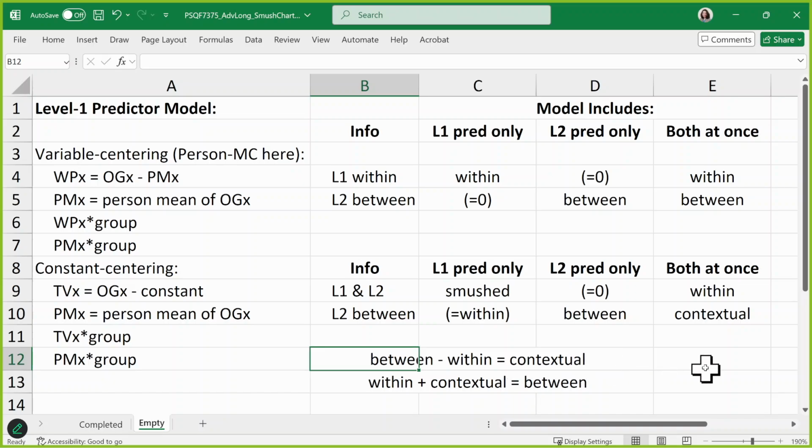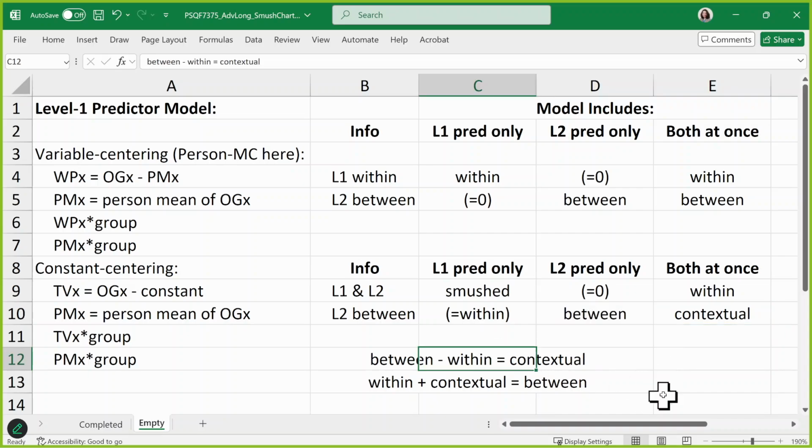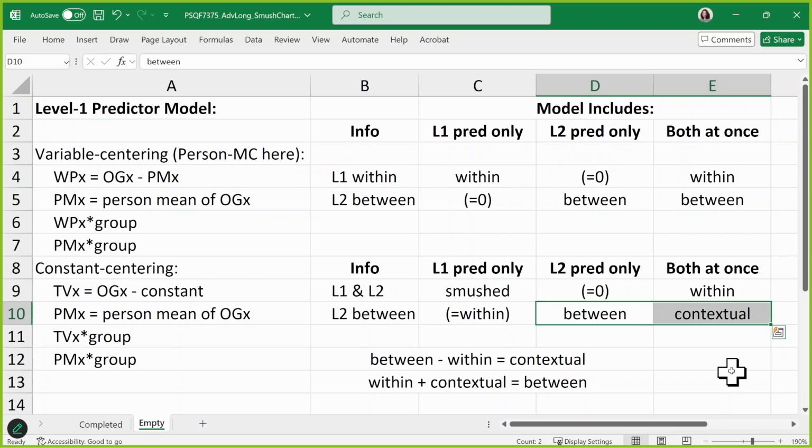All right, questions or any that you want to hear again? So these are two different types of level 2 effects. One way to explain the difference is this: between minus within is contextual. What's another way to explain the difference between what these mean?